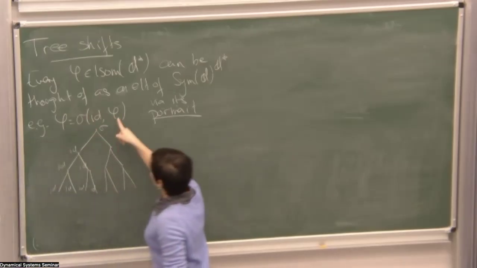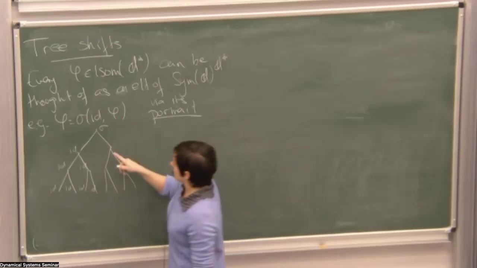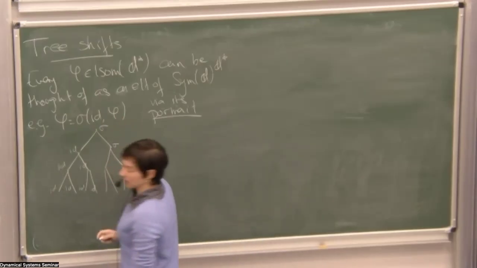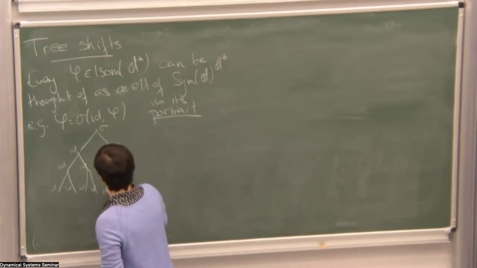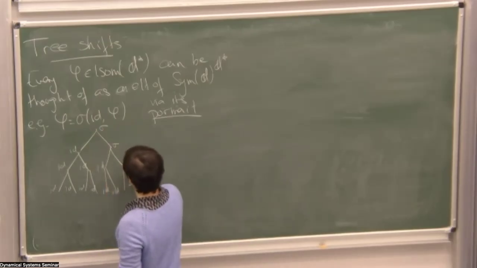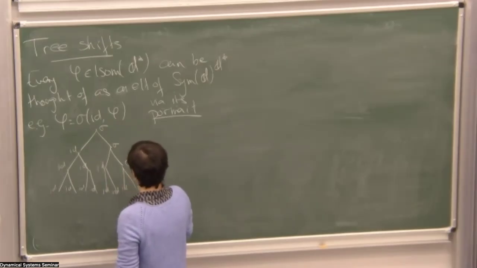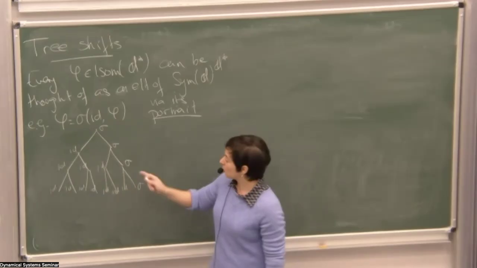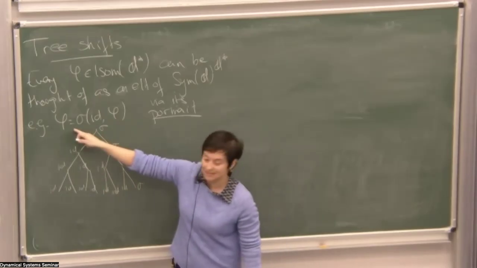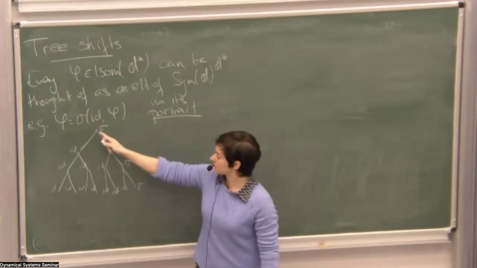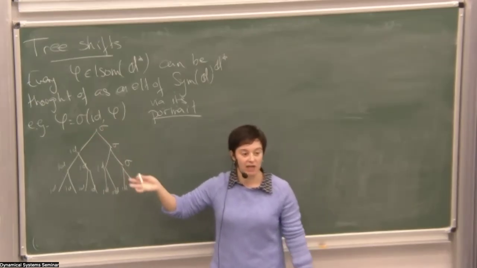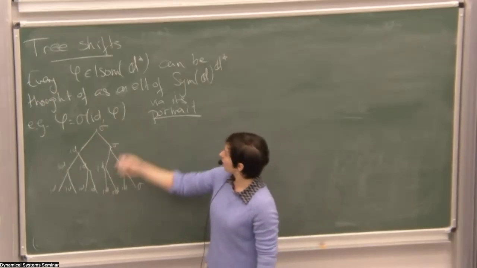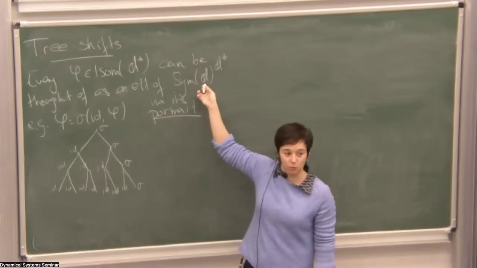But here I've got another phi. So what does phi do? Well, it does sigma. It does first the swap, and then it does identity, identity, identity. But here it does a sigma, and then identity, and then a sigma, and so on. So the portrait of this phi is a bunch of swaps on this ray and the identity everywhere else. Okay, and that's a perfectly good element of this huge Cartesian product.